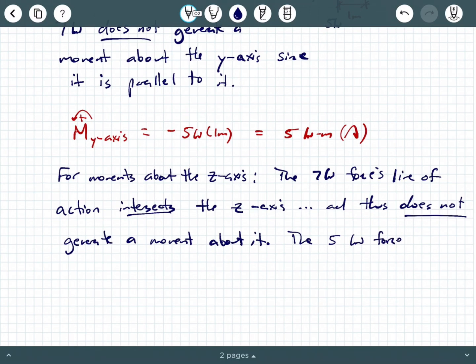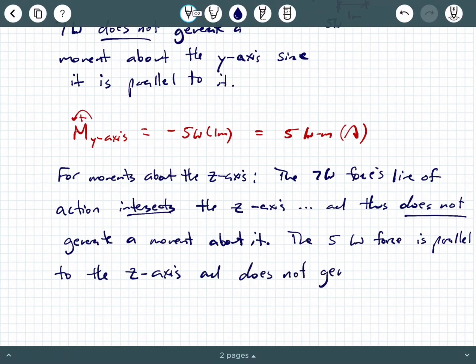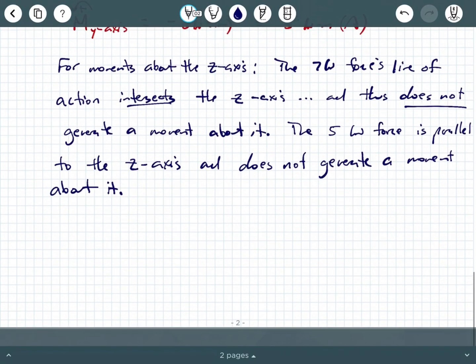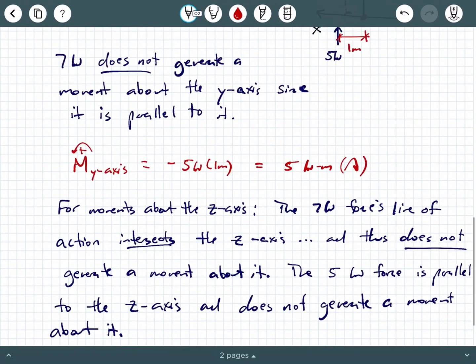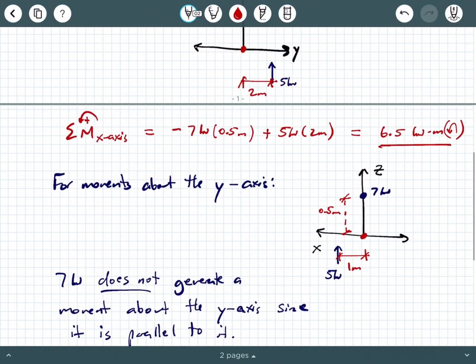And then what about the 5 kilonewton force? The 5 kilonewton force is parallel to the z-axis and does not generate a moment about it. Okay, so then we would summarize and say the moment about the z-axis is 0 here. Okay, nothing is generating that.